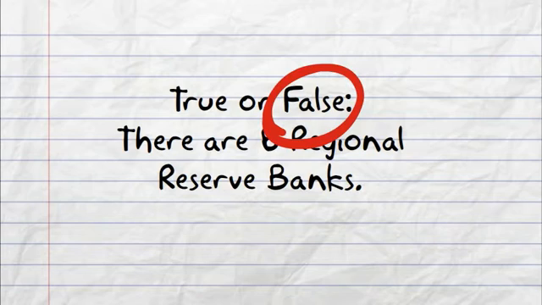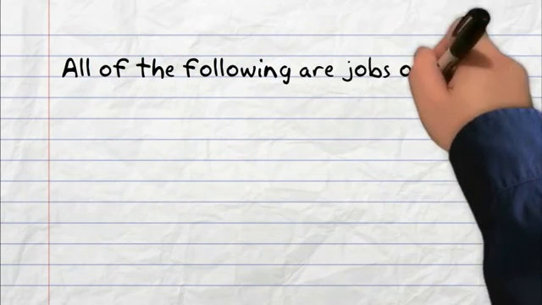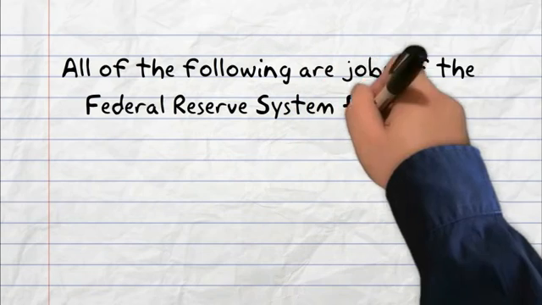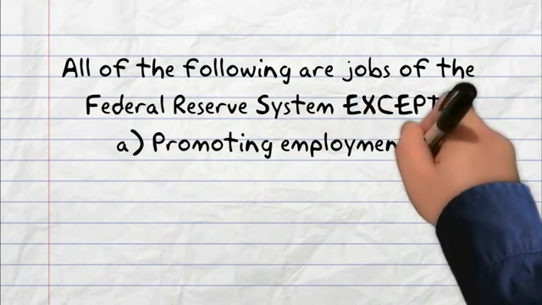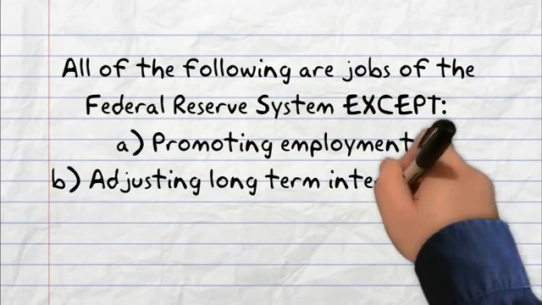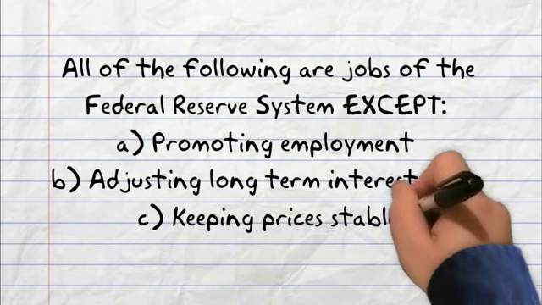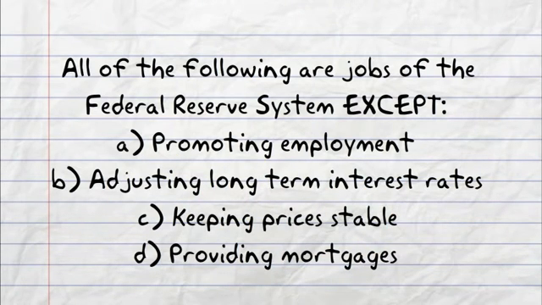Now, let's try some multiple choice. All of the following are jobs of the Federal Reserve System except A. Promoting employment, B. Adjusting long-term interest rates, C. Keeping prices stable, or D. Providing mortgages.